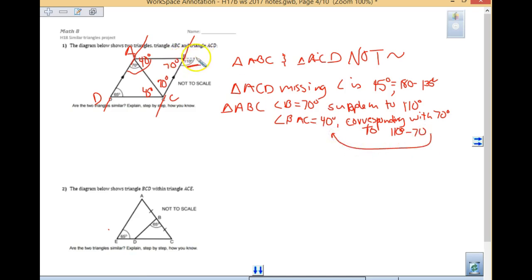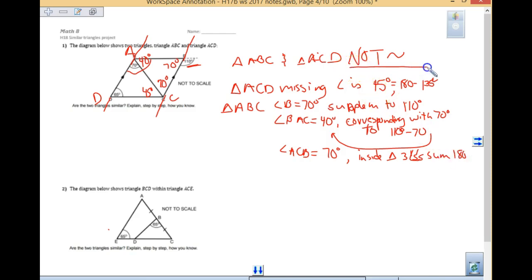Because this was 110 out here, this whole angle had to be 110. And then angle ACB had to equal 70 degrees. And the reason it equaled 70 was inside a triangle, the three angles must sum to equal 180.